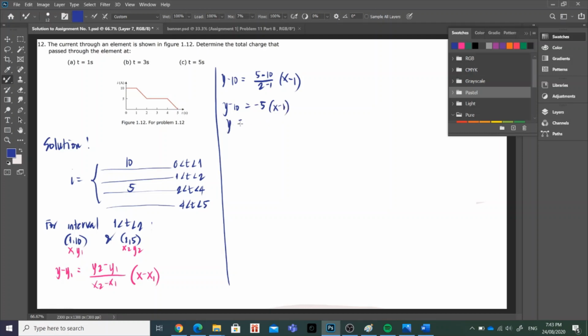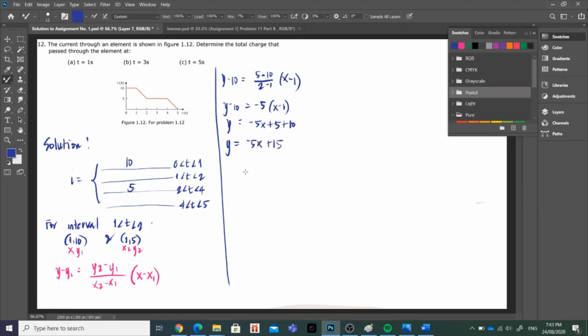Okay, transpose natin negative 10, so magiging positive. And then multiply na din natin yung negative 5 kay x and negative 1. So this is negative 5x plus 5. And then transpose na natin negative 10, so that would be positive 10. Okay, so ang answer natin ay negative 5x plus 15.